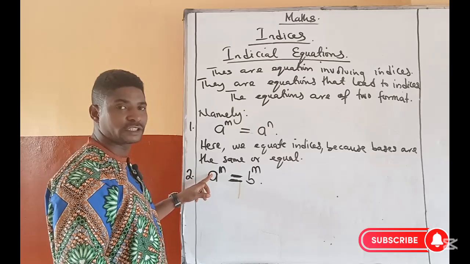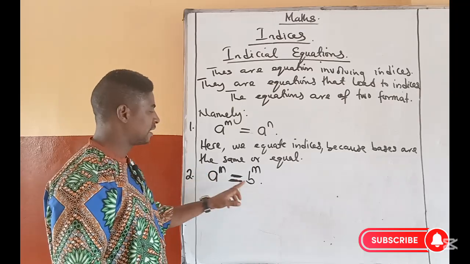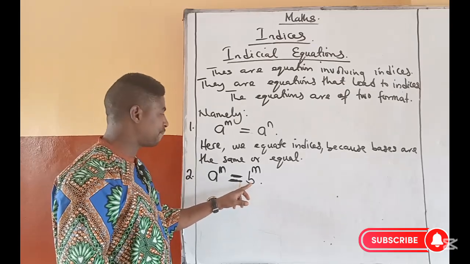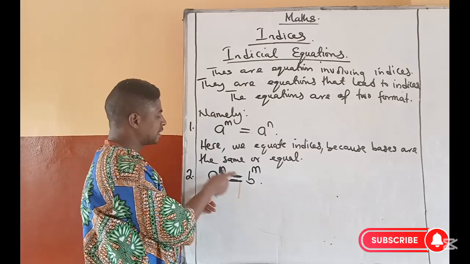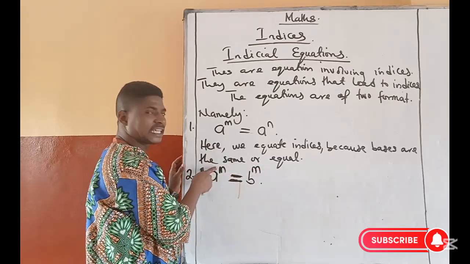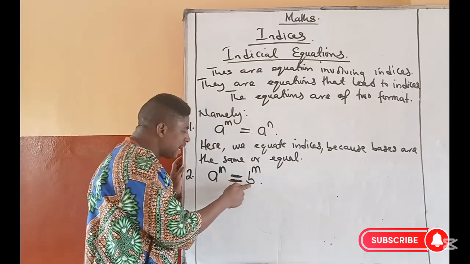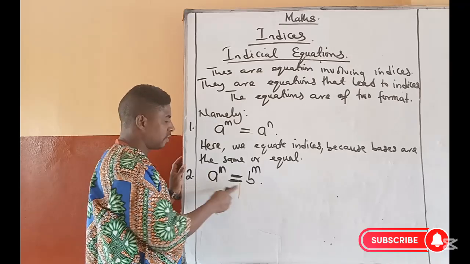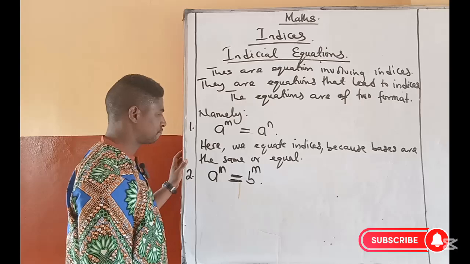So there is a term on the left of the equality sign, a raised to the power m. There is another term on the right, b raised to the power m. You notice in this second format that the indices are the same. The index on the left is m, the index on the right is m, but the bases are different. On the left, the base is a, on the right, the base is b.